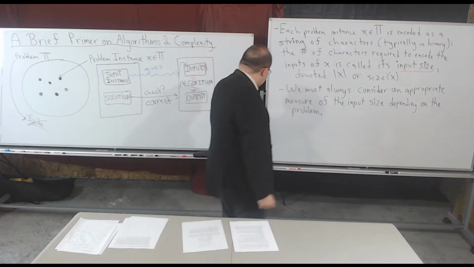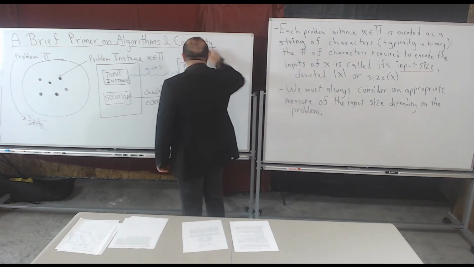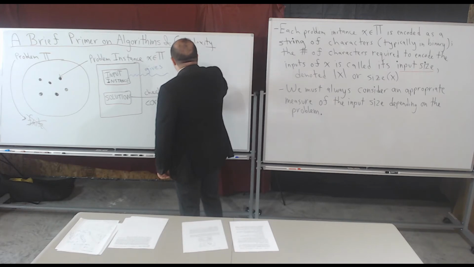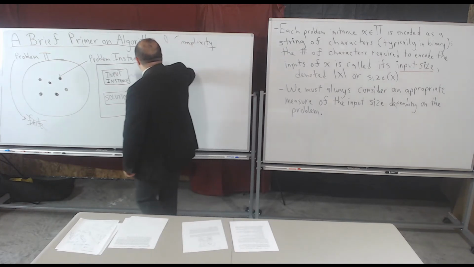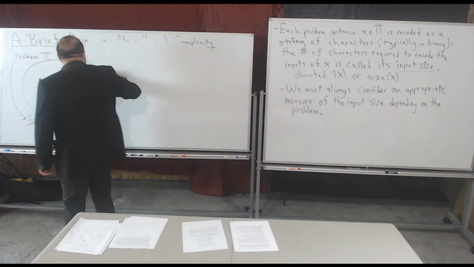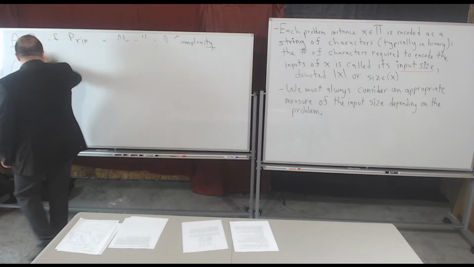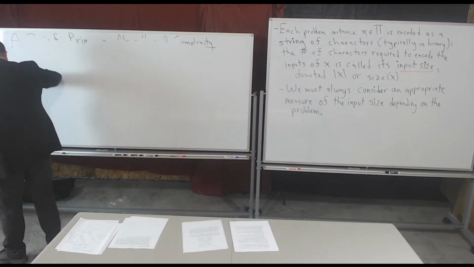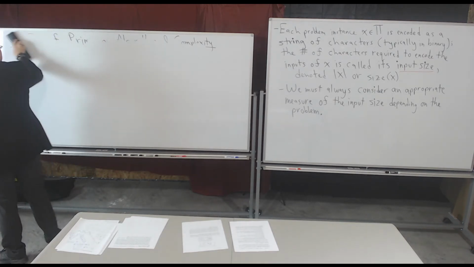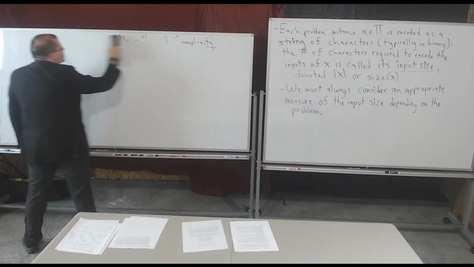So what we're going to be interested in is the design of algorithms that run in a certain time bound. Now, you may be familiar with Big O, which I hope you are. If not, you're more than happy to ask me questions about it. But we're going to be interested in efficient algorithms for problems.